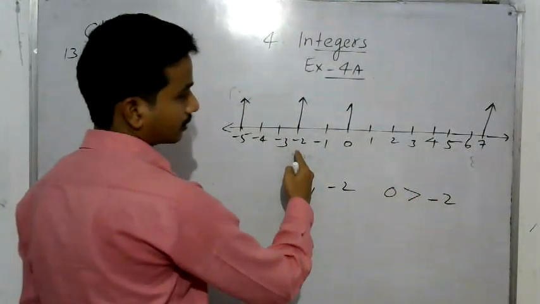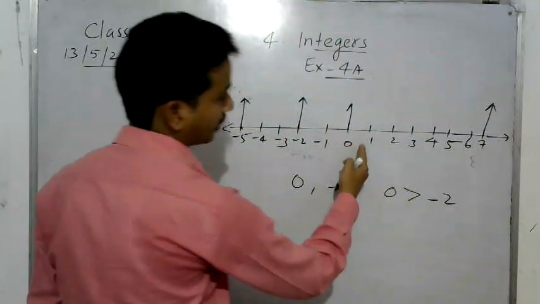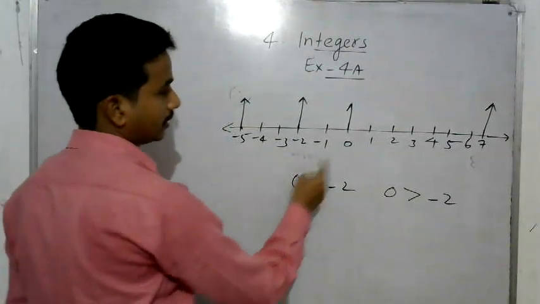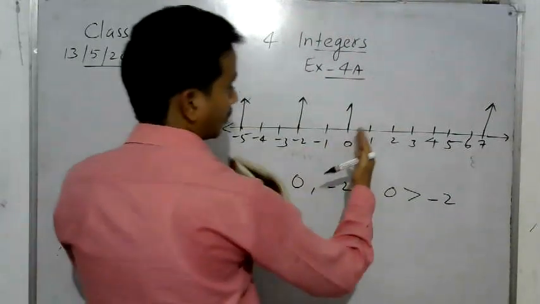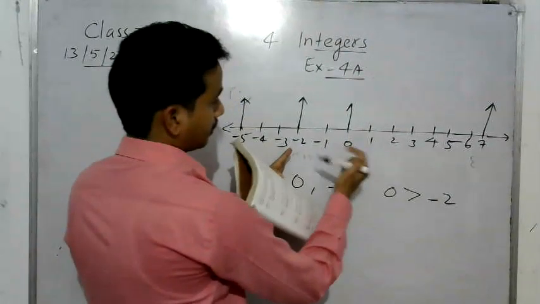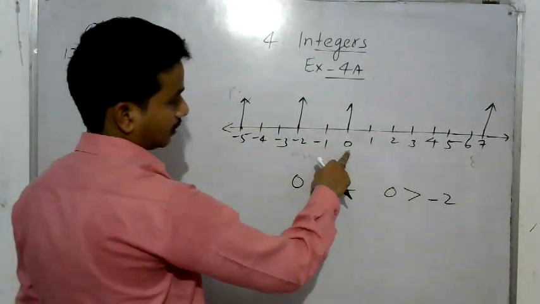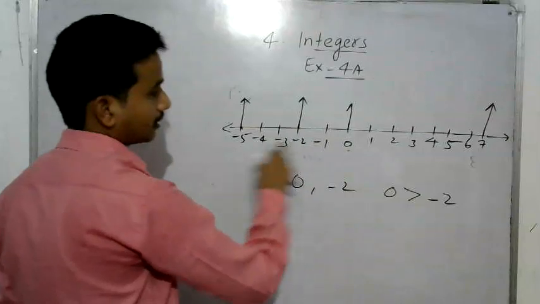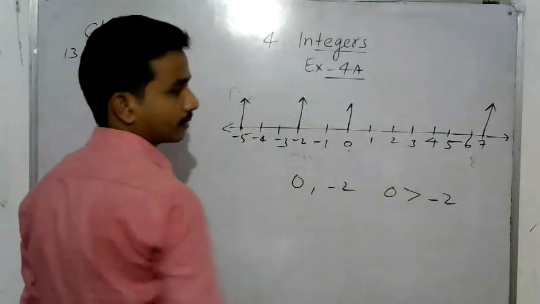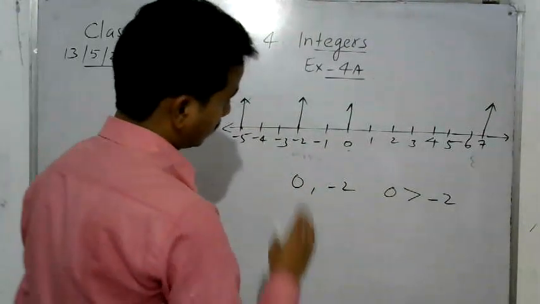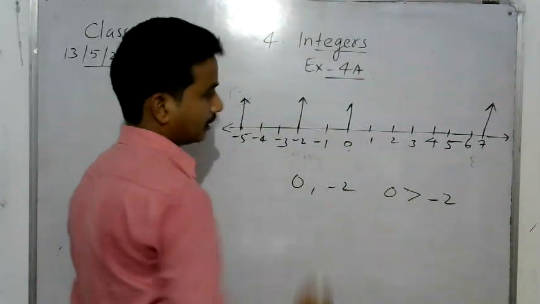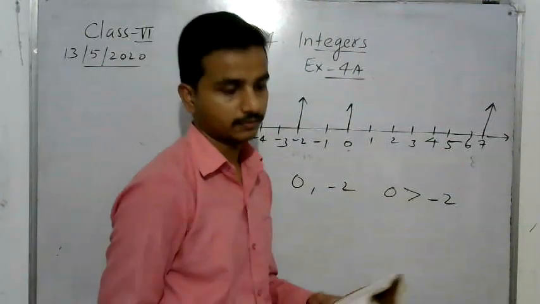We know that integers on the right are greater than integers on the left. We also know that 0 is greater than every negative number. Why? Because 0 is to the right of the negative numbers.